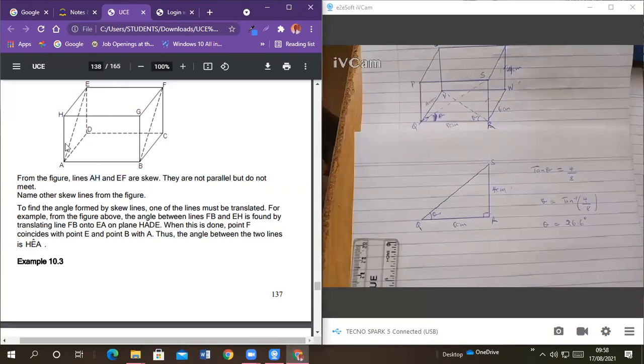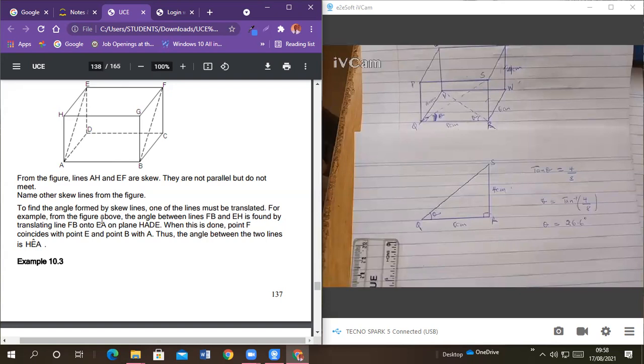We shift HA and put H where E is, and A where D is, such that we have HA here where ED is. That's what we call translating, such that we can get the angle between EF and HA. So to find the angle between skew lines, one of the lines must be translated, must be shifted.